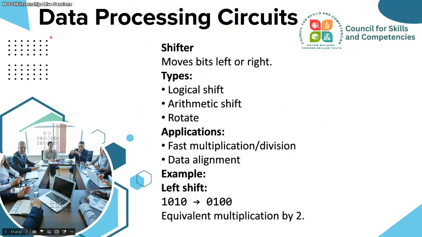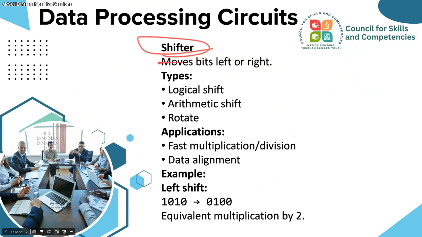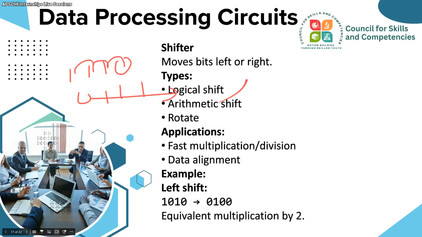Okay, next. It is not always that we will send the data in parallel. Sometimes we have to send it in a serial way also. So we need some kind of shifter. For example, 1 1 1 0, and we have to make it 1 1 1. This is one shift, this one shift, this one shift, so we can send these things in a serial way.